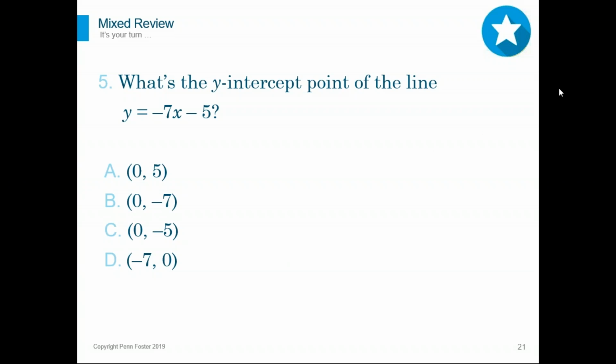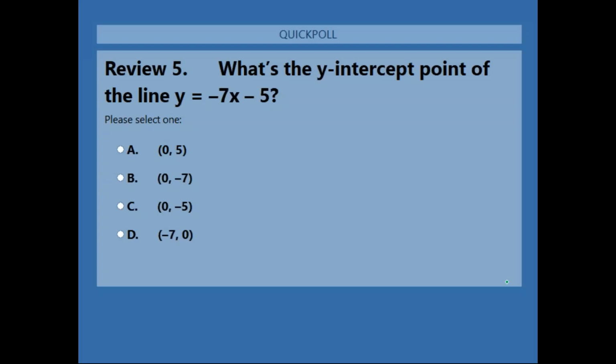I'm going to put the question right away because that is easy. Everyone should know that from the equation. It's there. What is the point of intersection between the line and the y-axis? Few more seconds. It's a really easy question.